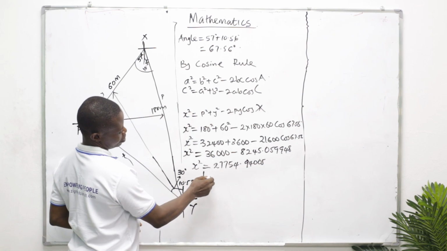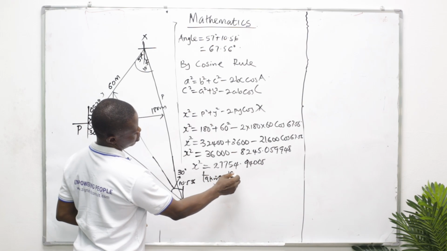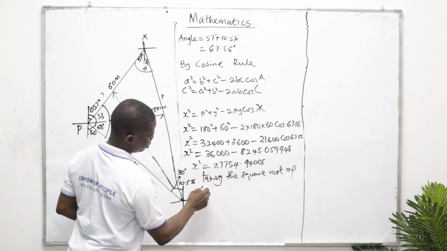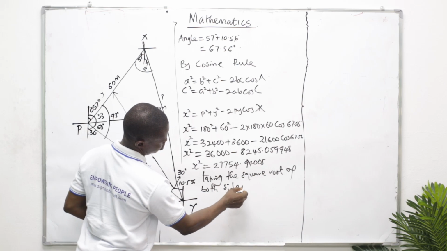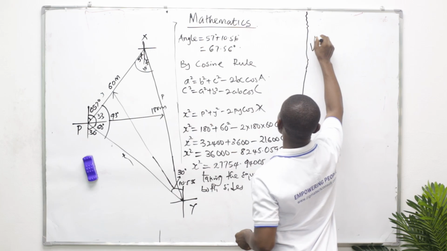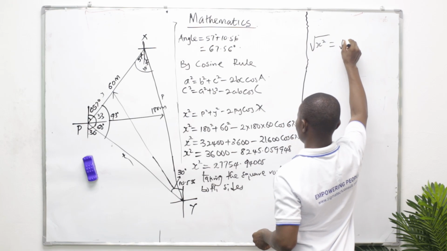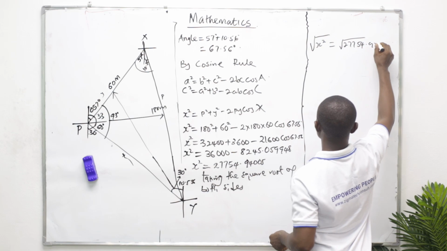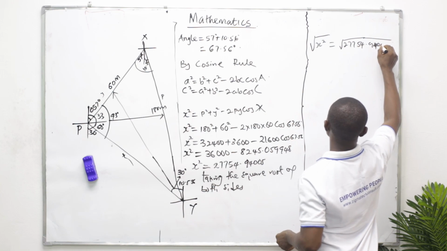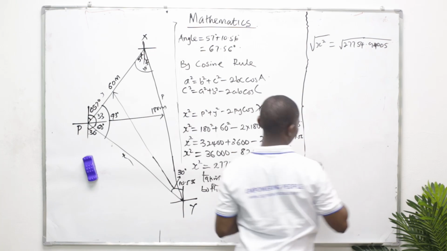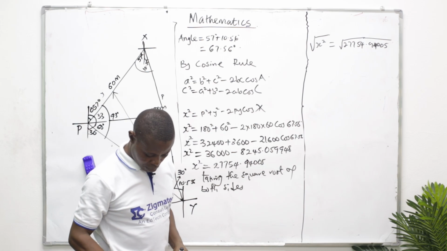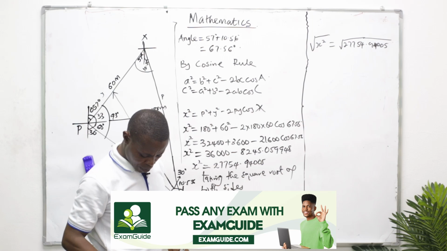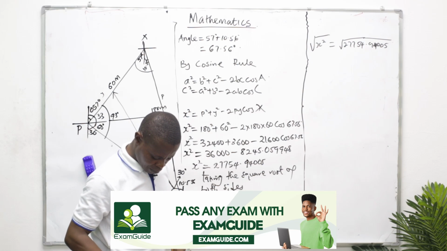Now, taking the square root of both sides, we're going to have square root of s squared equals square root of 27754.90005. Square root of 27754.940005.